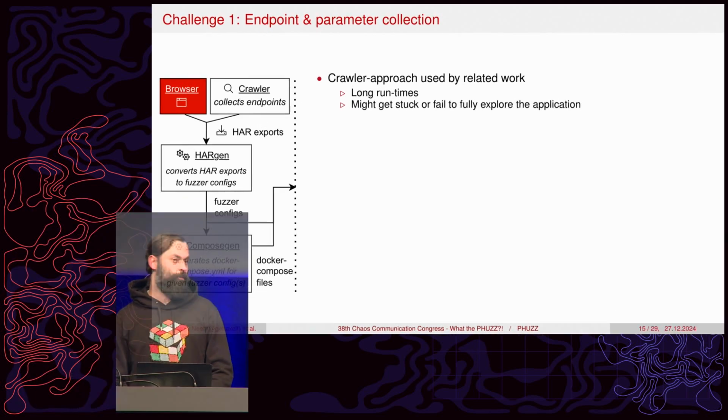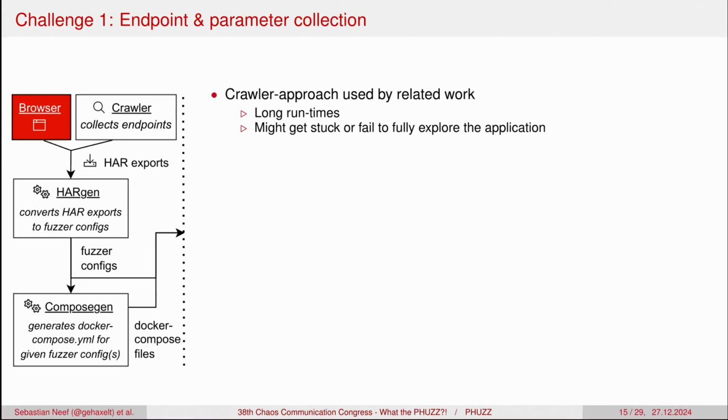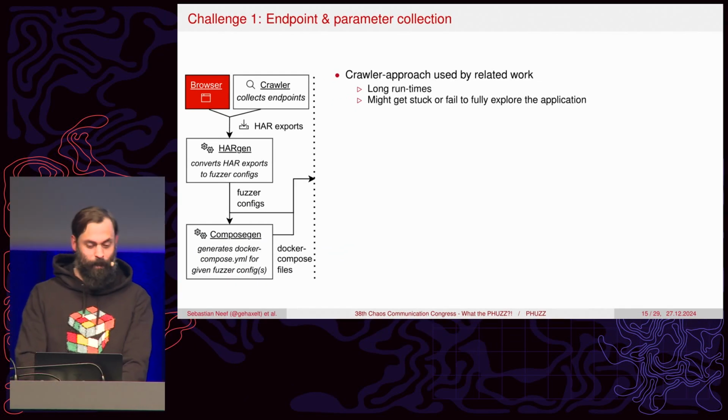Let's go through the different challenges, and I'll explain how Fuzz solved them. As I mentioned, the crawler-based approach used by related work comes with long runtimes, at least in the few examples and readmes that I saw.